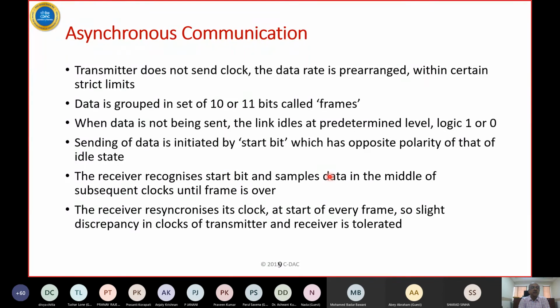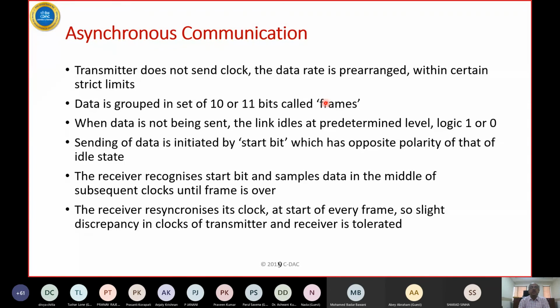In asynchronous communication, as the name suggests, there is no clock. So how does the receiver sample the data? The data rate is prearranged. Remember that suppose we say that the baud rate is 9600. That means the bit period is 1 upon 9600, so approximately 0.1 milliseconds.